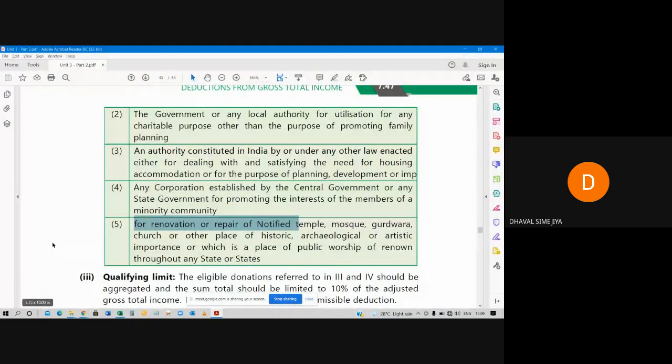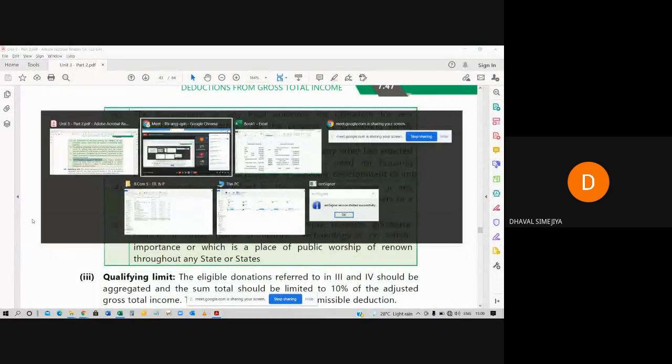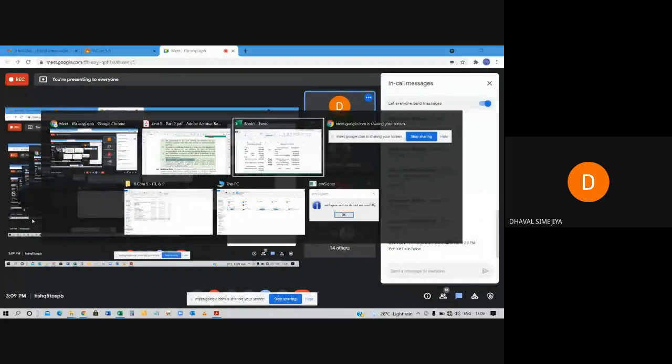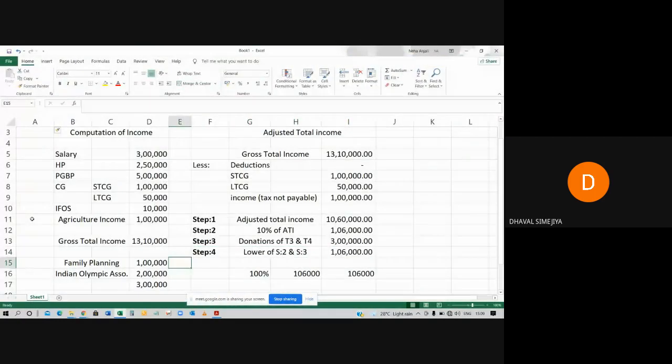Suppose here I have given 50,000 rupees, that's 1 lakh rupees. And here I have given for renovation of temple, 50,000 rupees.